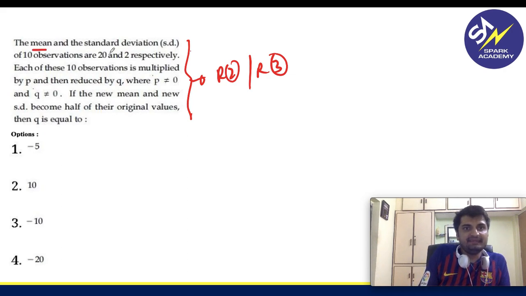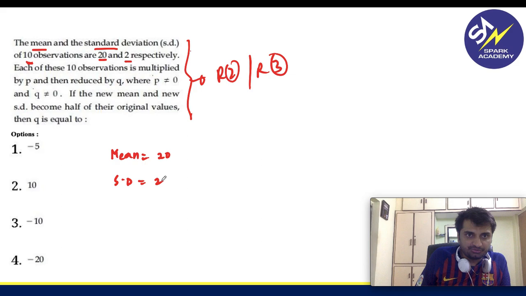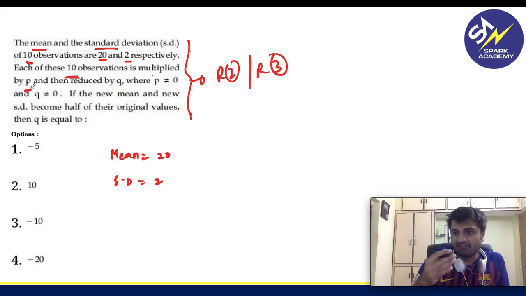Now you see, mean and standard deviation of 10 observations are 20 and 2. So mean actual given is 20. Standard deviation is given as 2 of 10 observations. If each is multiplied with p, the mean is also multiplied with p.